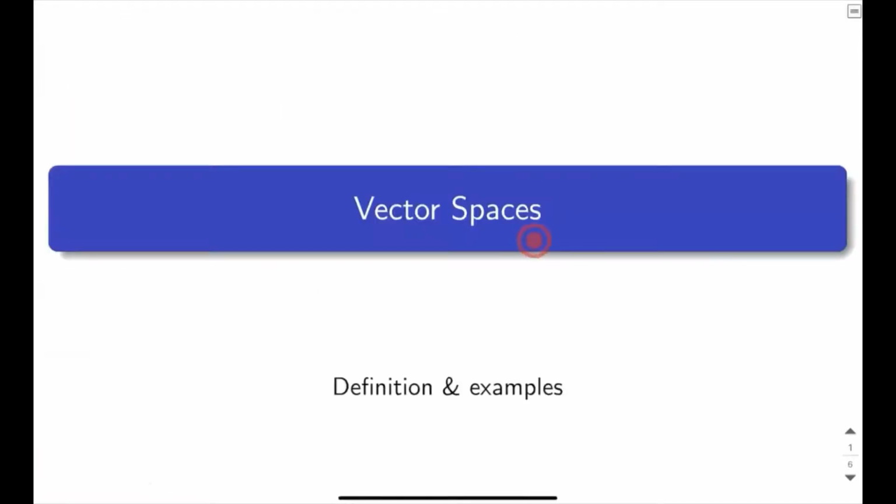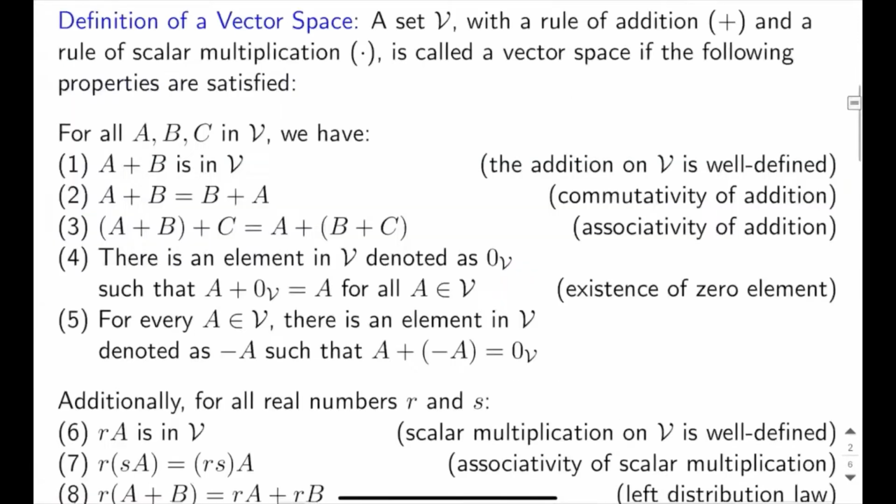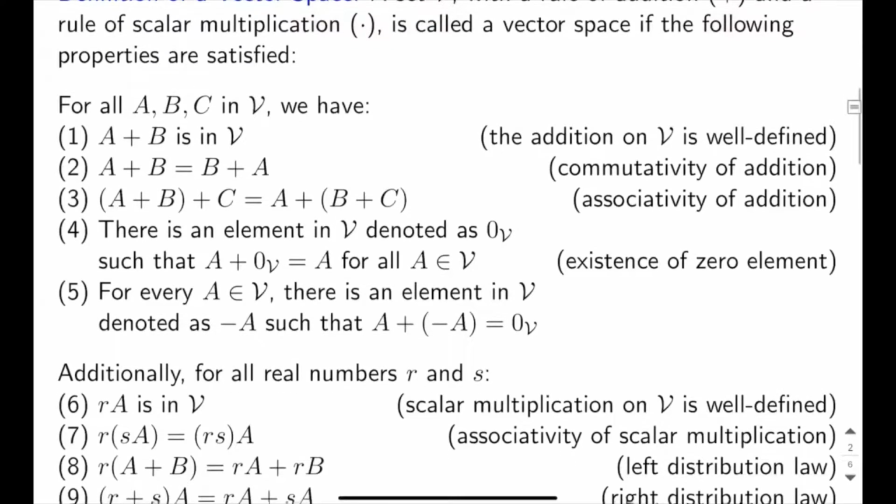So let's discuss vector spaces. A vector space is actually just a set or a collection of elements that, together with the addition and the scalar multiplication, satisfy 10 properties similar to the 10 properties that we have seen.